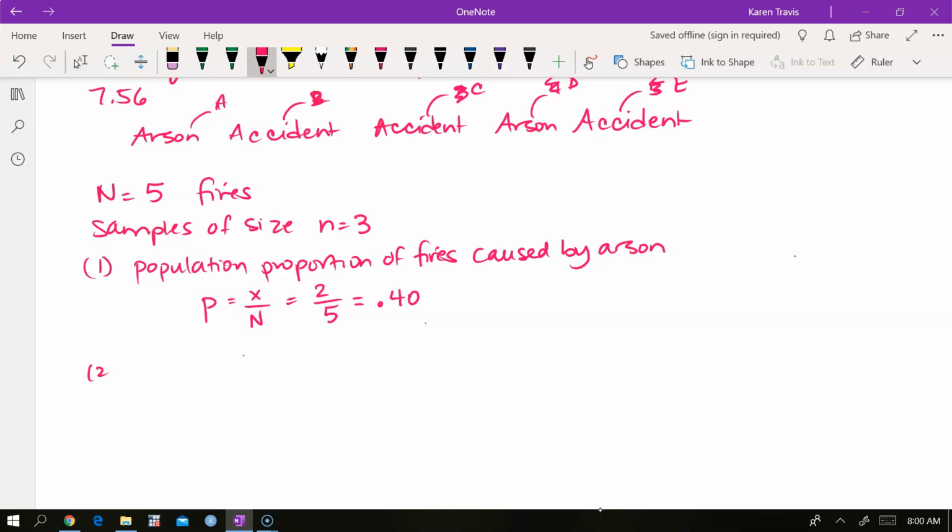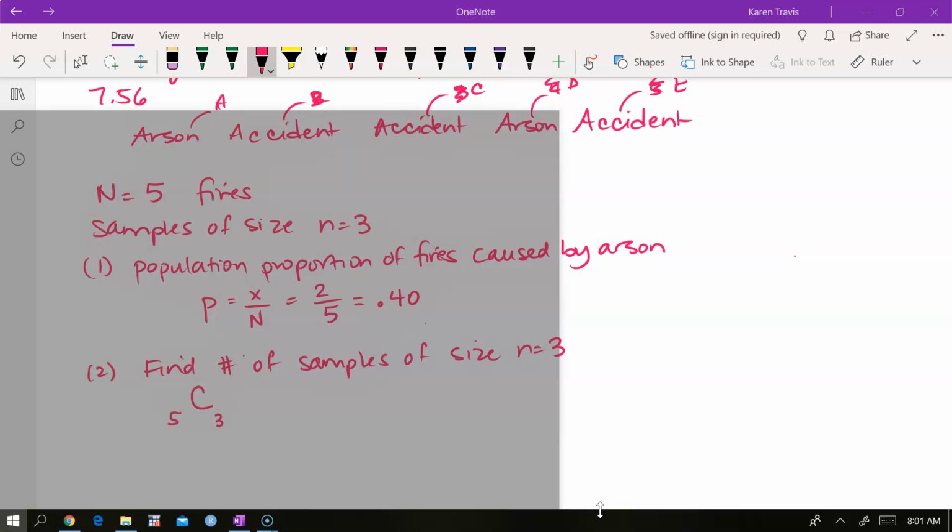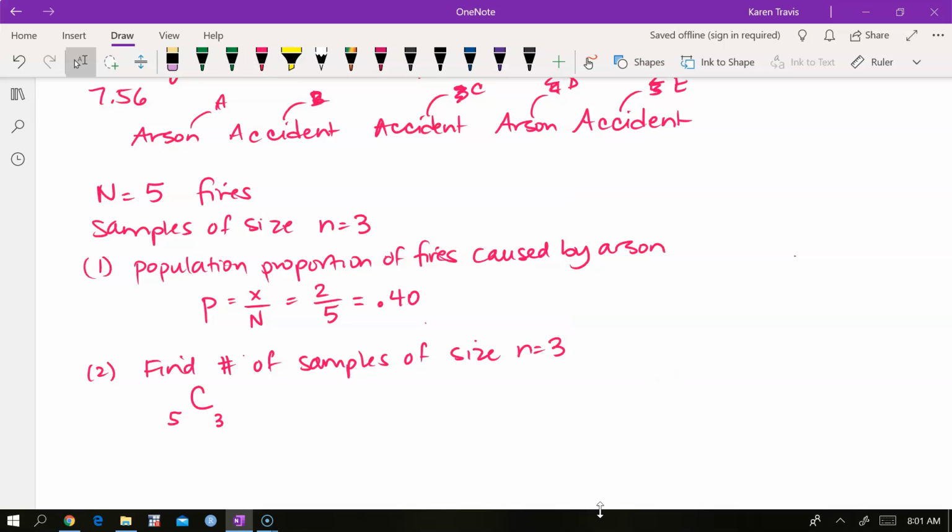The next thing we're going to do is find the number of samples of size 3. So if samples are size 3, then we need to find the combination of a total of 5 in the population, choose 3 at a time, and figure out how many samples are possible.